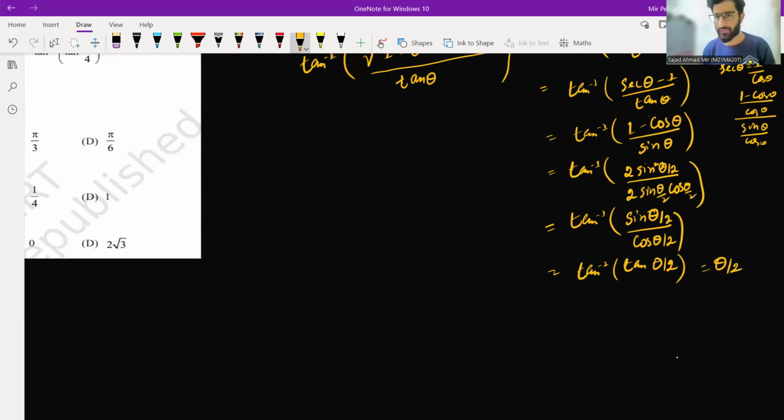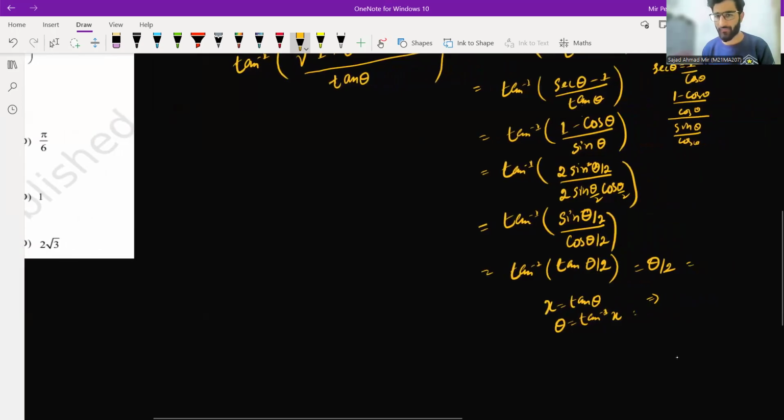This is theta by 2, and our substitution was x is tan of theta. Theta will be tan inverse of x. So the final answer here will be tan inverse of x, because theta is tan inverse of x, and we are dividing that by 2, right?